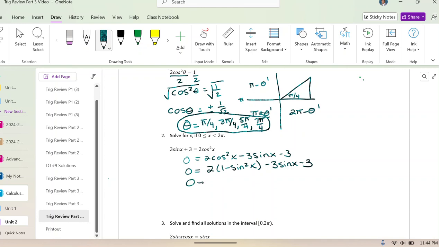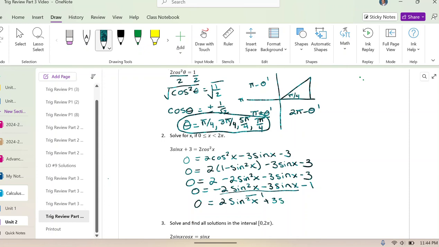So then you distribute the 2, and then 2 minus 3 is negative 1. Then you can divide by negative 1 to get the leading number positive. And then the factors of 2 that add to 3 are 2 and 1.